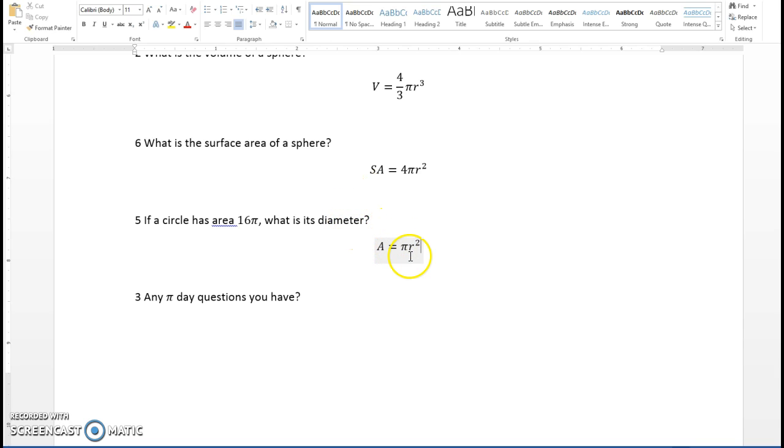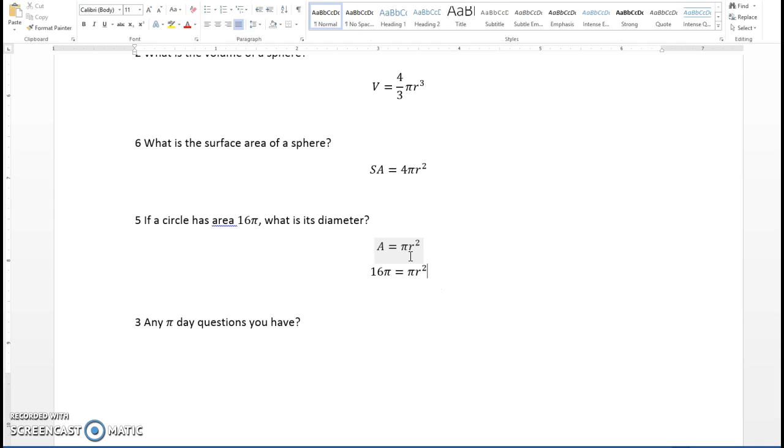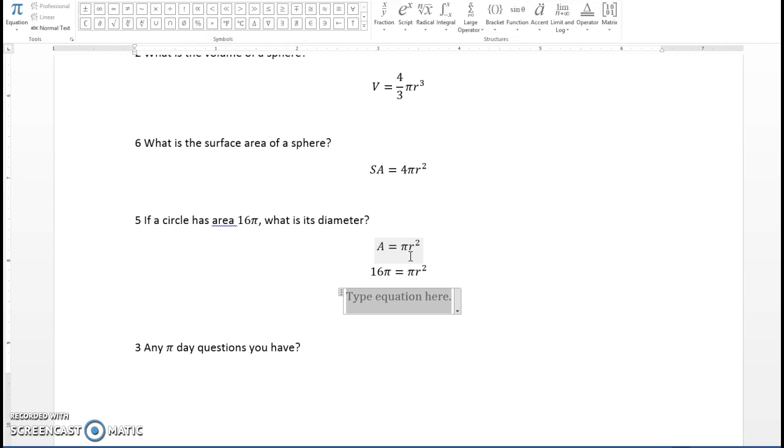Well, if we know that 16 pi is the area equals pi r squared, well, then we can just divide both sides by pi. That's one of the nice things of doing it in terms of pi. So we have 16 equals r squared.